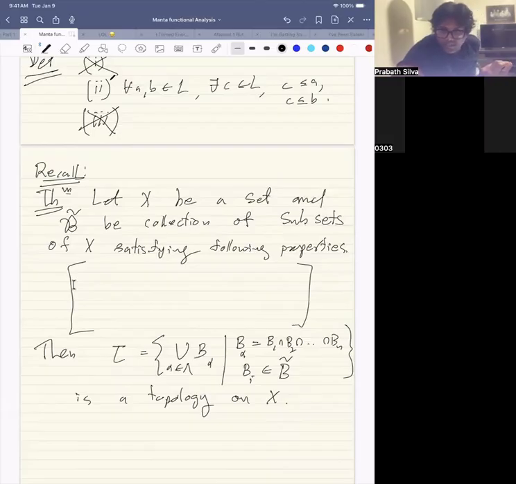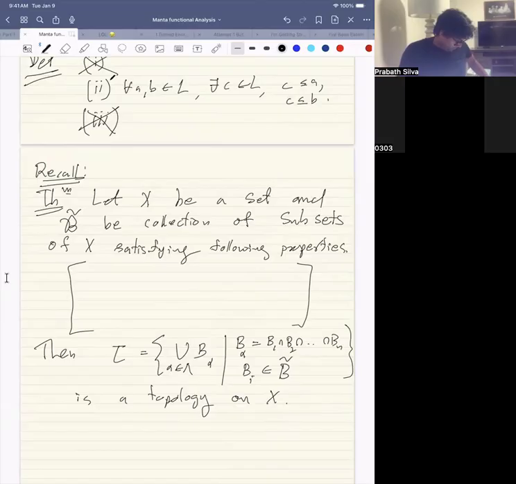So this is the definition of a subbasis, but is that the definition of a subbasis without referring to the topology? Yeah, so that's a situation.